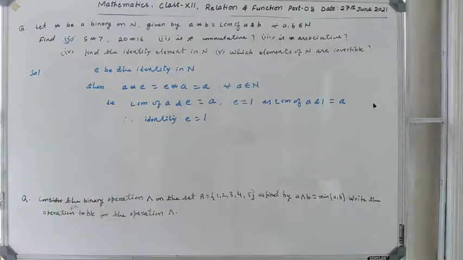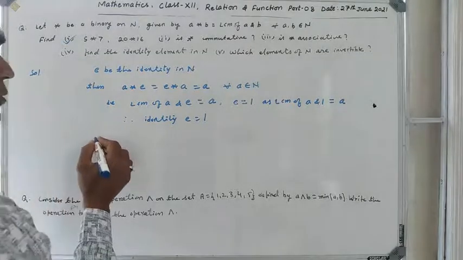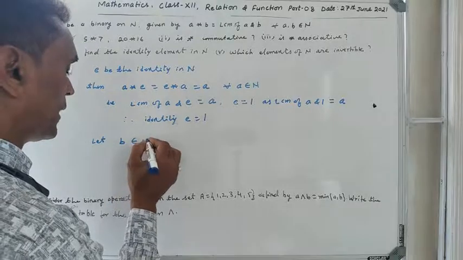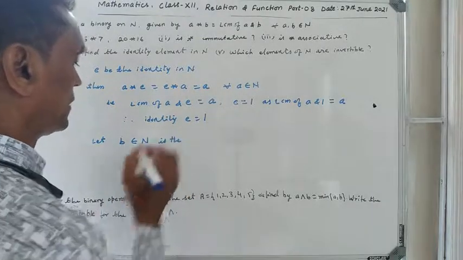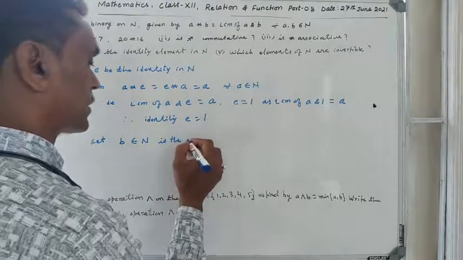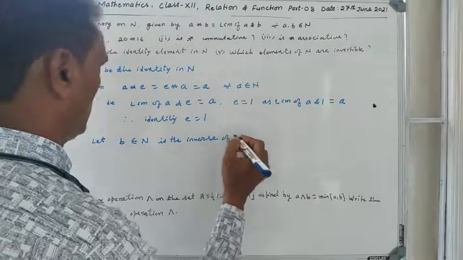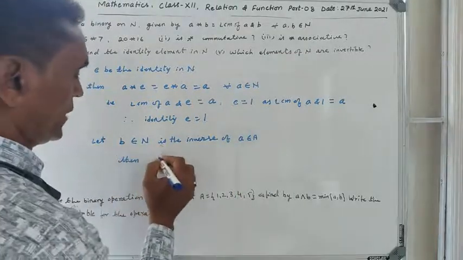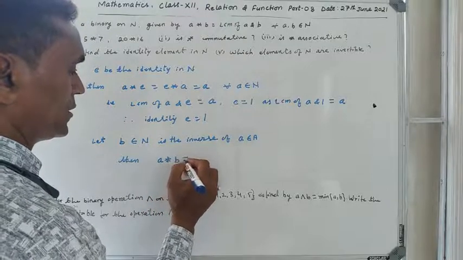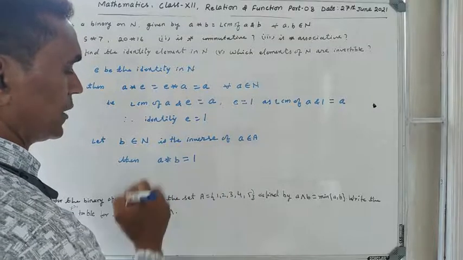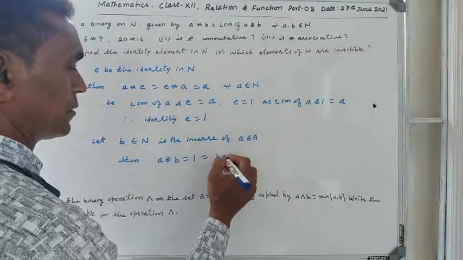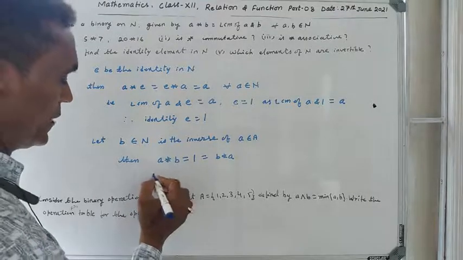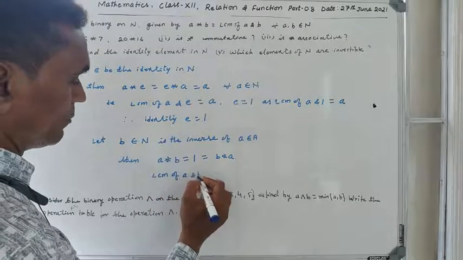Let B belonging to N be the inverse of any element A. Then it must satisfy the condition that A * B is equal to the identity element, that is 1 here, and which is also equal to B * A. So LCM of A and B is equal to 1.